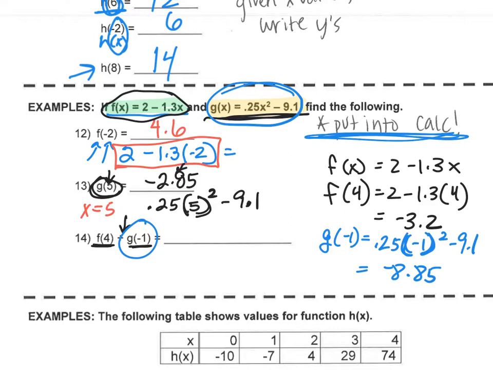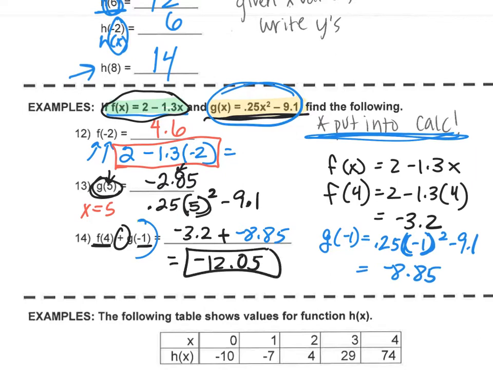So that means f of 4 is negative 3.2, and g of negative 1 is negative 8.85. And my original function says that I'm going to add them. So I use my calculator, and what I get is negative 12.05.